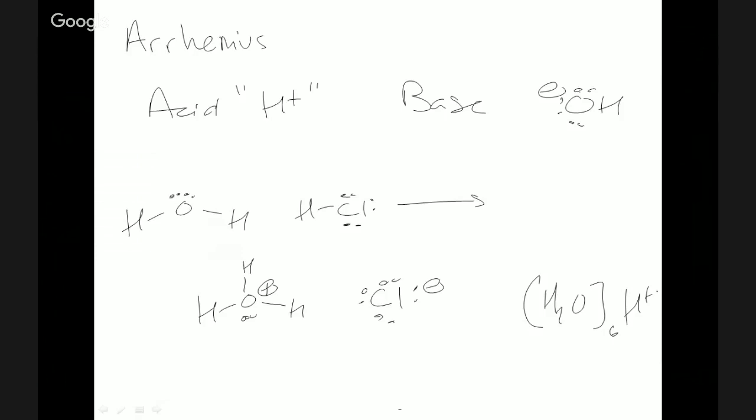But the point is this is a proton down here, or it's a proton source. So this proton source is important. But the Arrhenius definition of H+ and OH- is not very useful. So it was short-lived, or at least Bronsted came along and further expounded on all this. So this is just more history, Arrhenius.